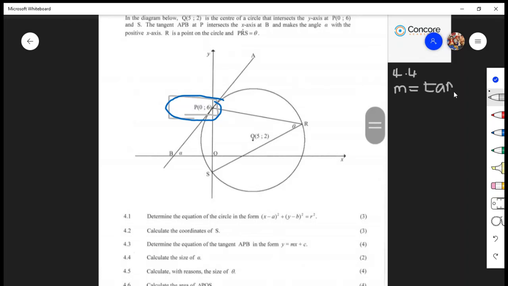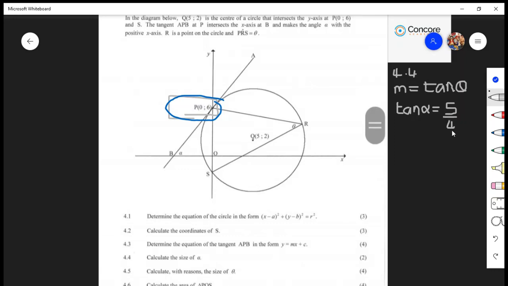Since we've got the gradient of our tangent, we can just solve for our theta, which will be alpha in this case. So tan of alpha would then be, our gradient was 5/4. Is that correct? Anyone who wrote it down or took a screenshot?